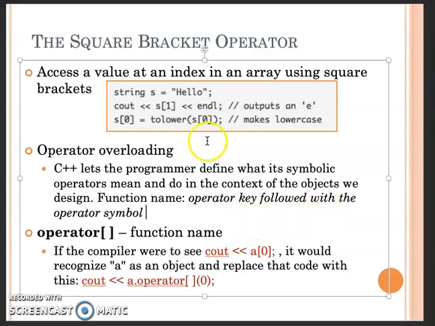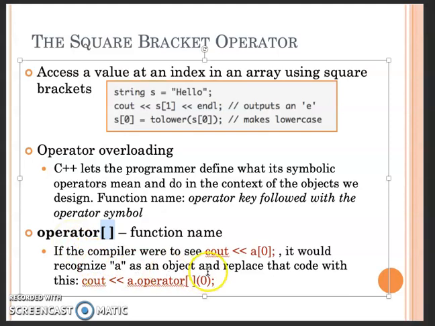For example, now I want to write the square bracket operator function. So my function name is operator, continued with the square bracket. So that's how I write the square bracket operator function.